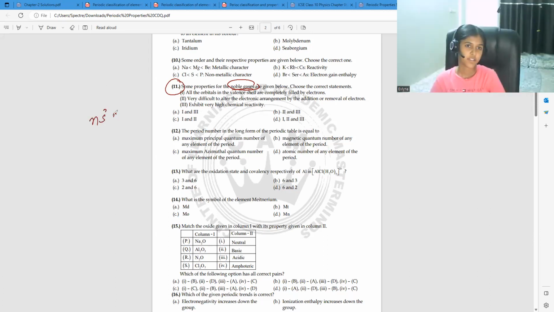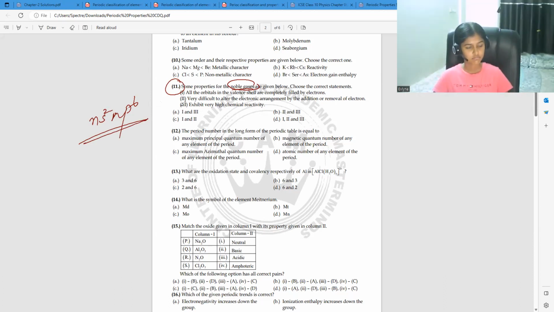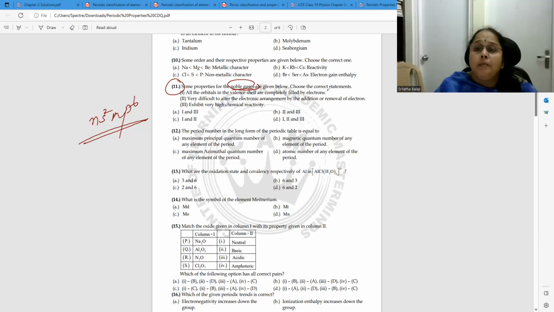Ma'am, ns2np6. Exactly, ns2np6. So is this a completely filled outer shell configuration or not? Yes, ma'am. So all the orbitals in the valence shell are completely filled by electrons. Is it true? Got it? Is that clear, students?